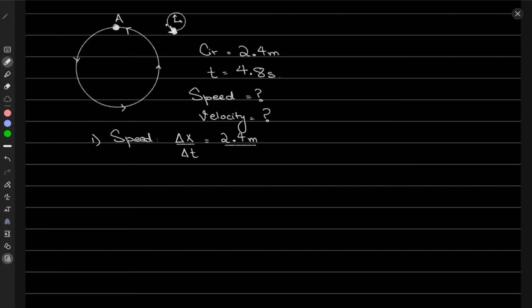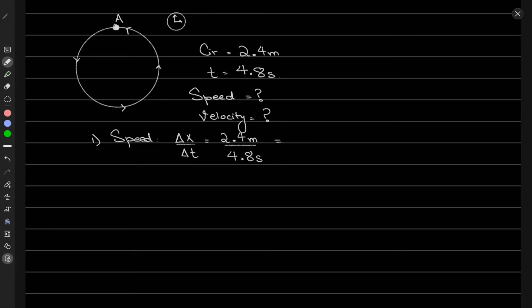Now the time that we measured using the stopwatch, when it started its journey from point A and first time reached point A back, it took 4.8 seconds to do so. So the change in time is 4.8 seconds.